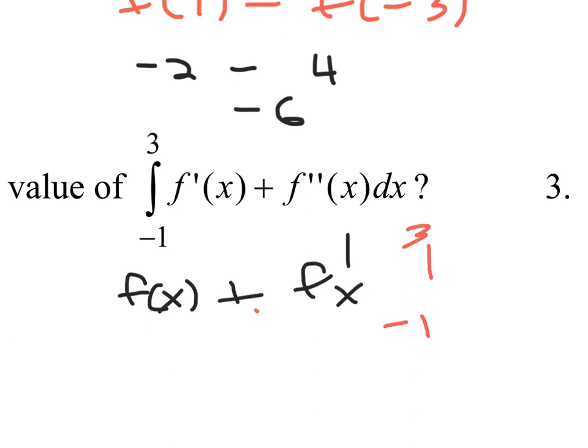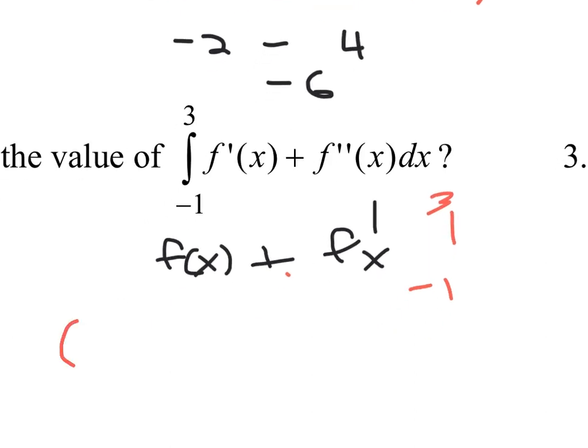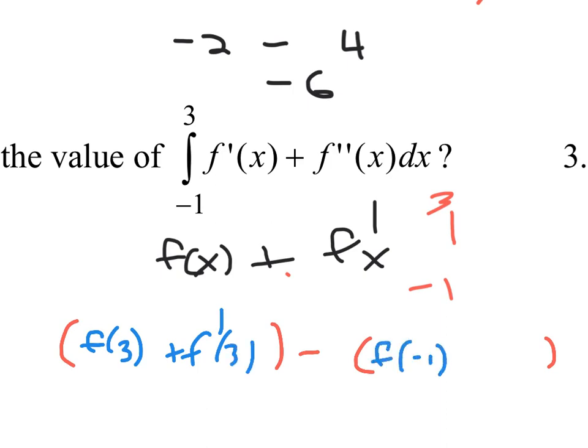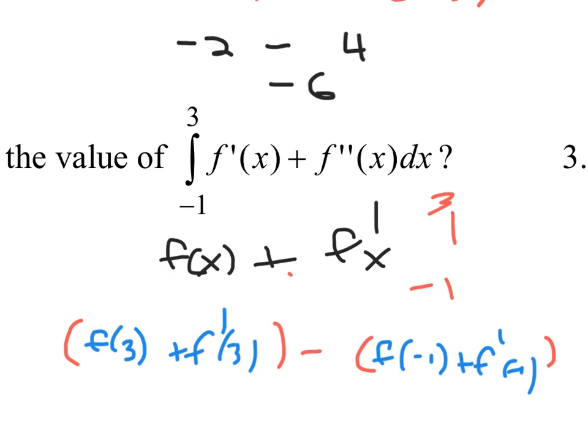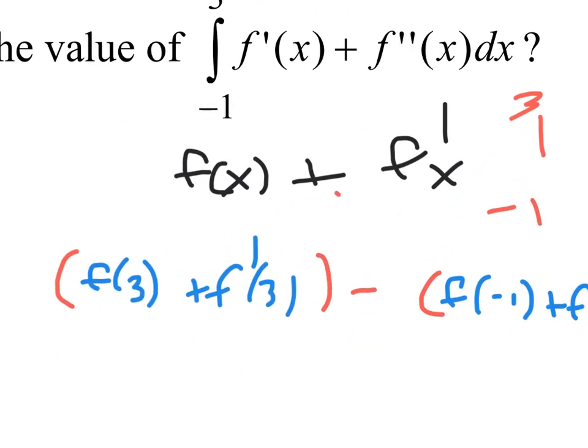Now there's two things, so be careful. When you make your parentheses, you know you have two things in there, so we got to make room. So it's going to be f of 3 plus f prime of 3 minus f of -1 plus f prime of -1. And those values, I hope, are in the table, or else he made a bad problem.